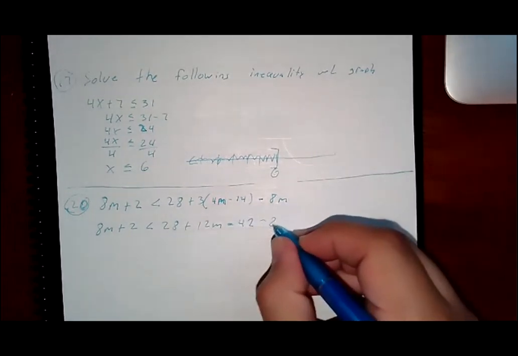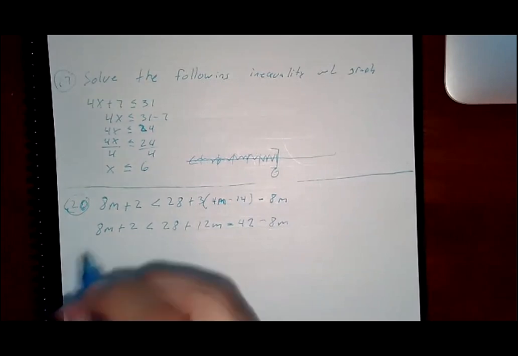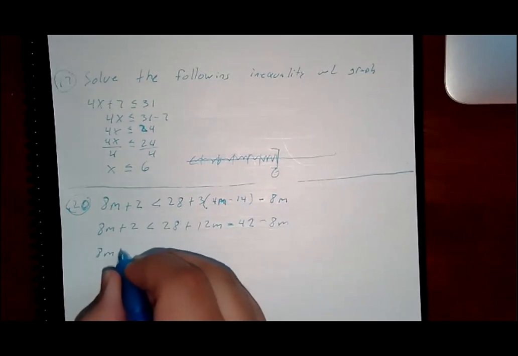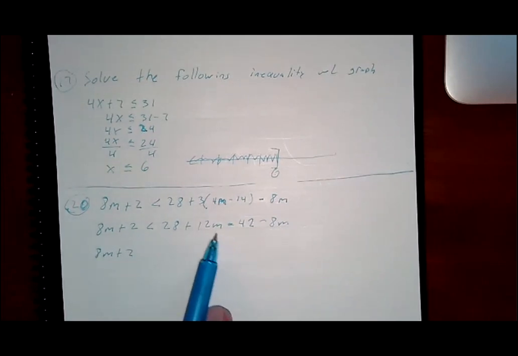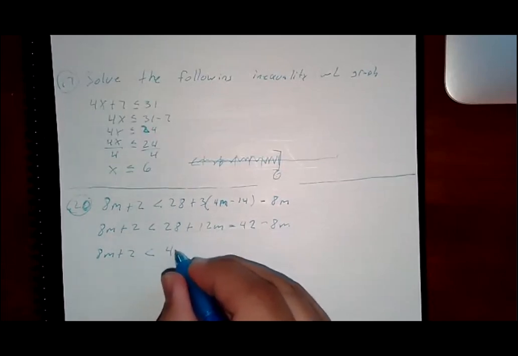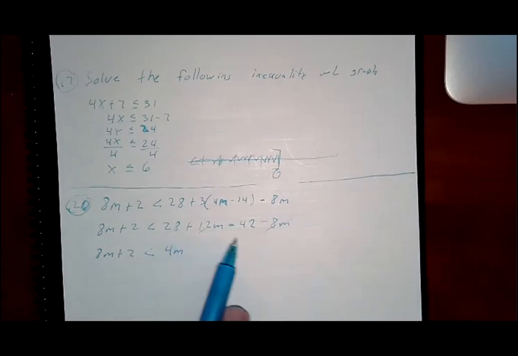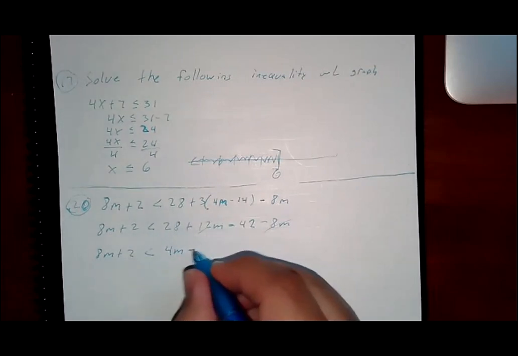And then minus 8m. And just combine your like terms. So the next step, this would be 12 minus 8. So that will give us 4m. Let's put these guys first. 28 minus 42 would give us a negative 14.